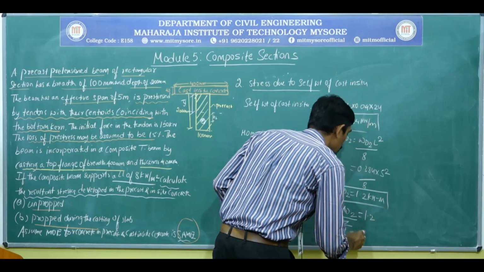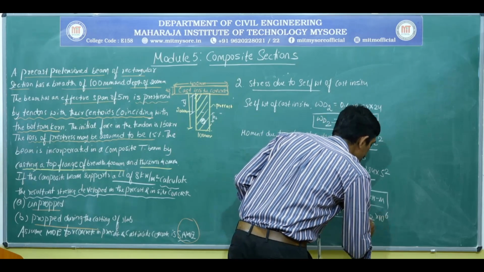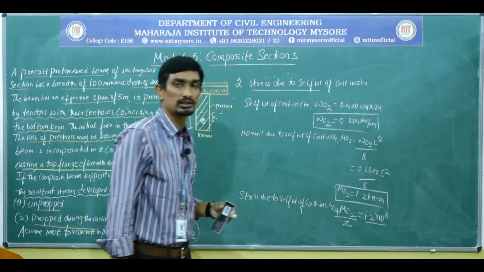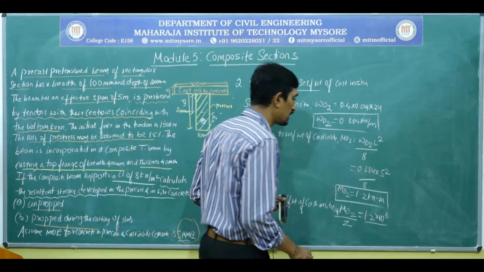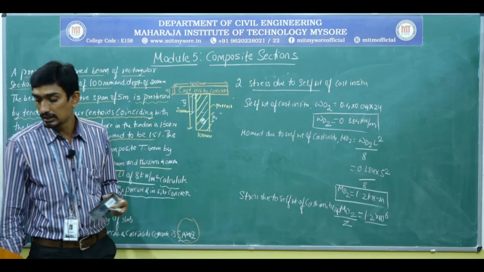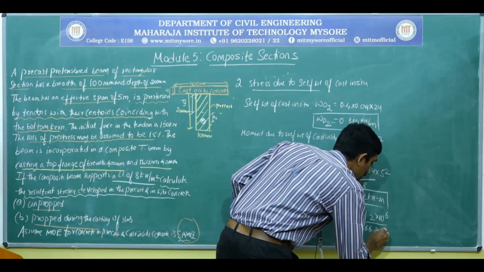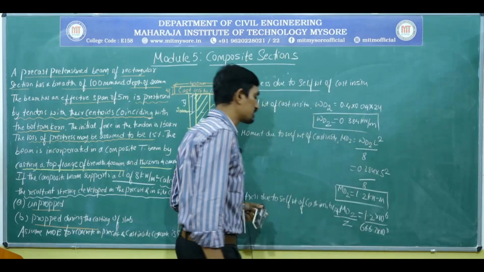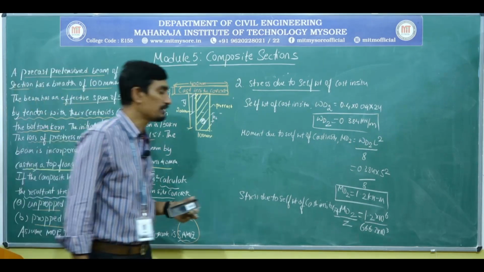So 1.2 into 10 to the power of 6. Why? Because I need the answer in Newton per millimeter square. So 1.2 into 10 to the power of 6 divided by Z, which we have already calculated, 666.7 into 10 to the power of 3. After substituting this, you are going to get 1.79.